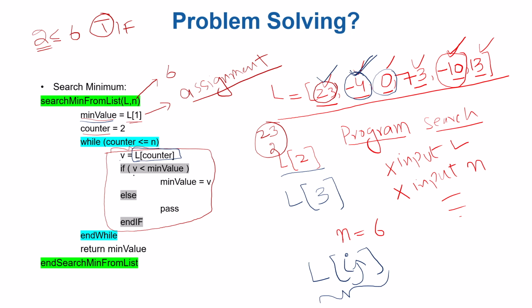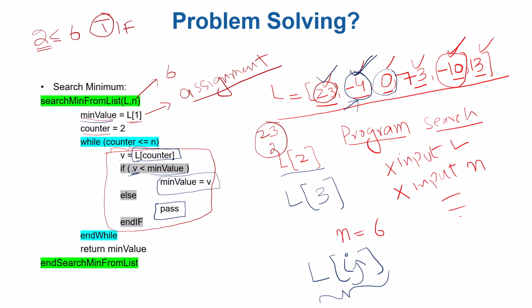Now we compare. Is the value now, which is -4, smaller than our minimum value so far? The minimum value so far is 23. So -4 is smaller than 23. Yes, the condition is true. If the condition is true, we will go into this block. Otherwise, we will go into this block. Right now the condition is true, so we will go into this block, and the minimum value will just be replaced by the new value, which right now is -4.